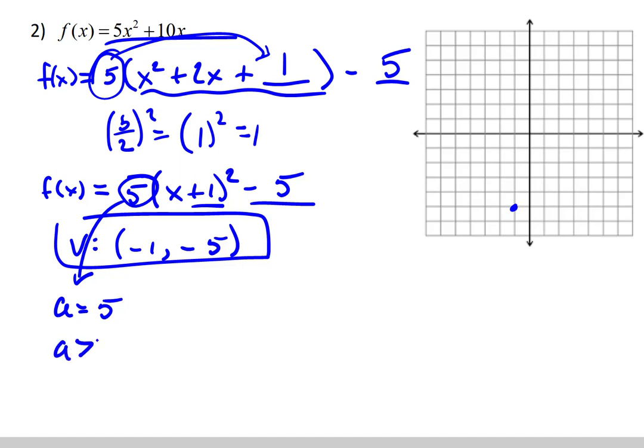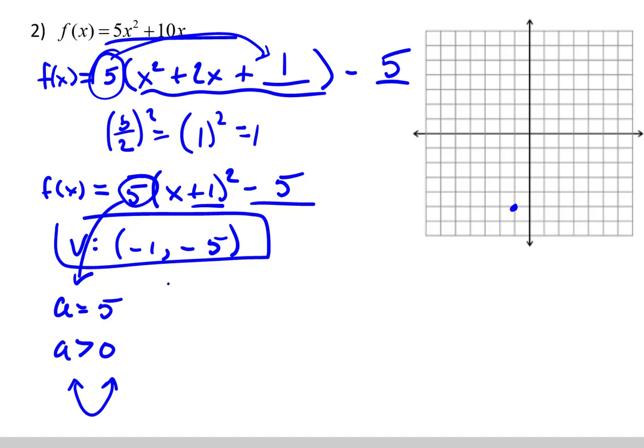And importantly, that means a is positive, which means this graph is, you guessed it, opening upward. But if it opens upward through the point with a vertex of (-1, -5), that means it actually would hit the x-axis somewhere. Now, we don't know exactly where yet, but my point is, it's not a bad idea to try to find the x-intercepts in this case, because we know there should be some.